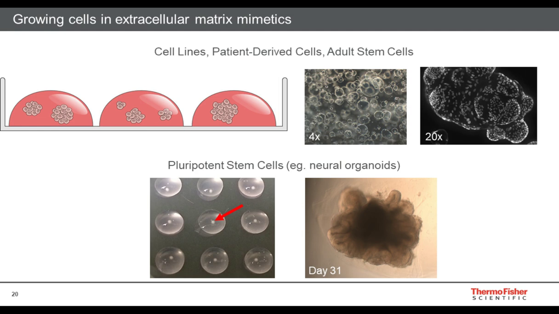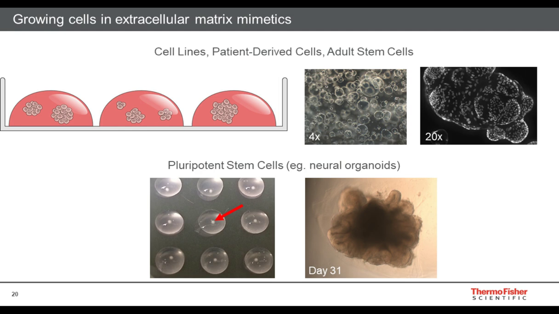At a certain time point, we have to work very quickly, keeping the temperature sensitivity of the material in mind, and try to dispense or deposit spheroids inside of droplets and position them so that when the gel polymerizes, they're fully encased, so that they can then go on to grow into whatever model system you're looking at.